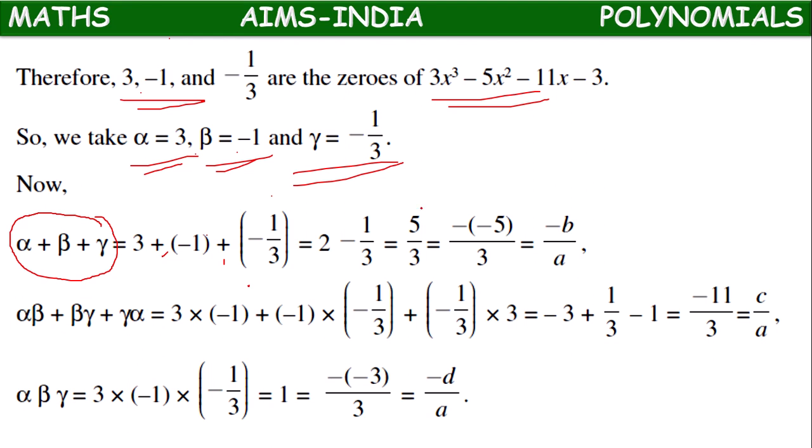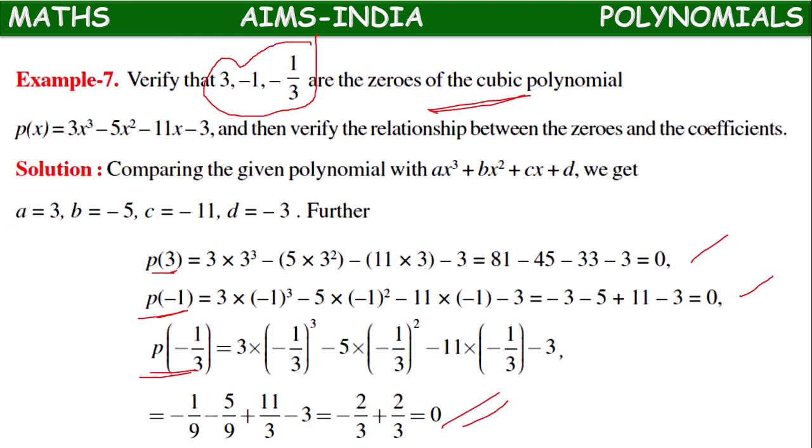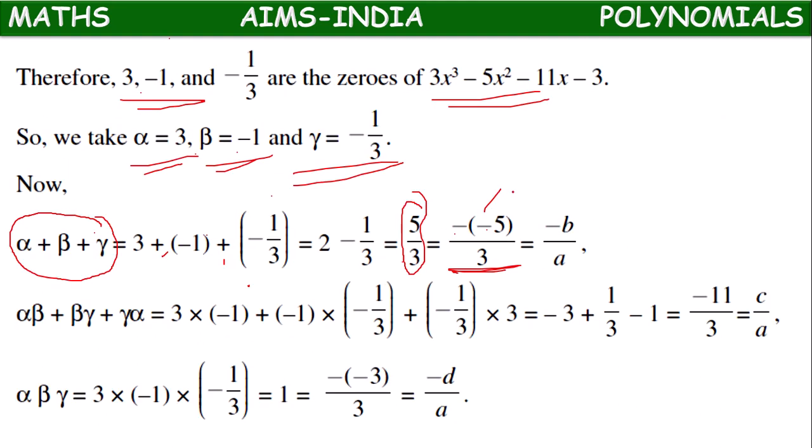How much? 5 by 3 we are getting, which can be written as minus of minus 5 by 3, where minus 5 is B, 3 is A. Whatever value we have got for alpha plus beta plus gamma is in the form of minus B by A. So the first relationship is proved.